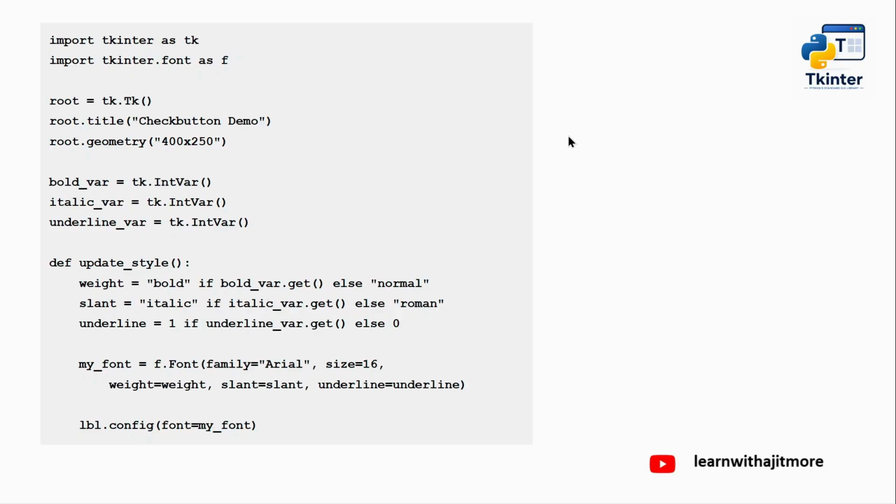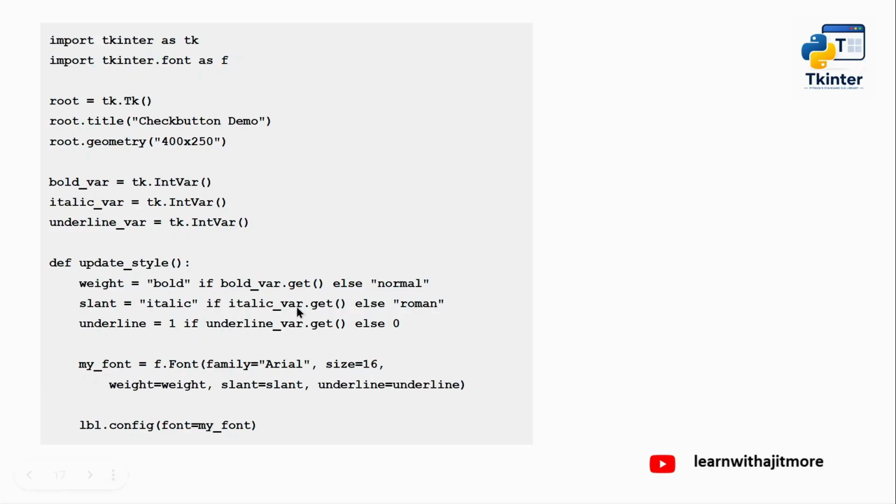If your checkbox is ticked, then when we write boldvar.get, it will return 1. 1 is true, therefore bold string gets copied. But if that checkbox is unticked, unticked means off value. Suppose I've set 0. So get will return 0 and 0 is false. So it will store normal over here.